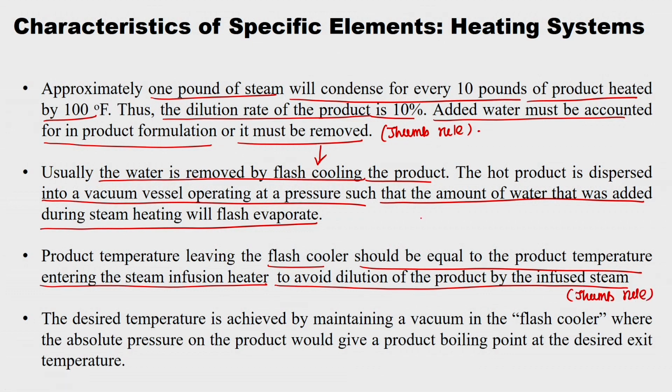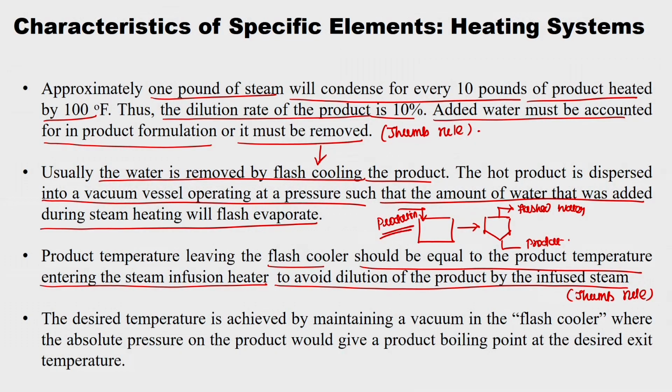So I have a steam infusion or steam injection system here, then after that I have a vacuum tank in which the water is flashed, right. So then I have a product. Approximately, the product in here before the heating system, product in.